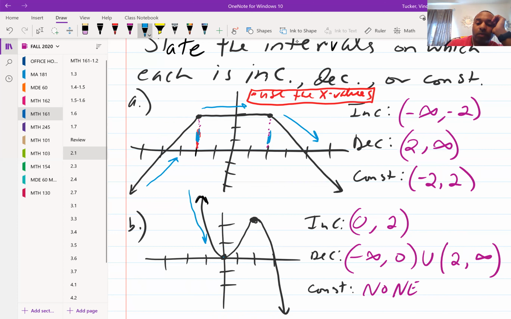So that's why we have negative infinity to 0 as decreasing. Then from 0 to 2, we're increasing. And then from 2 to positive infinity, remember we're going to the right, that would be decreasing. And we don't have a constant interval in this case.